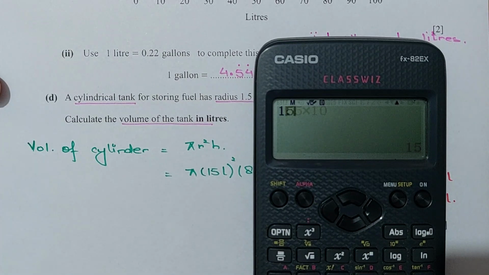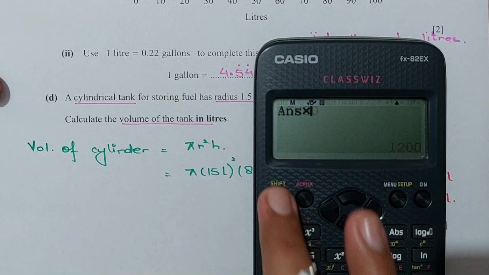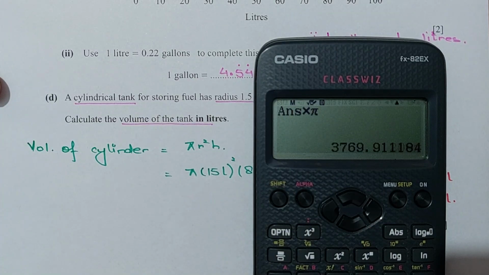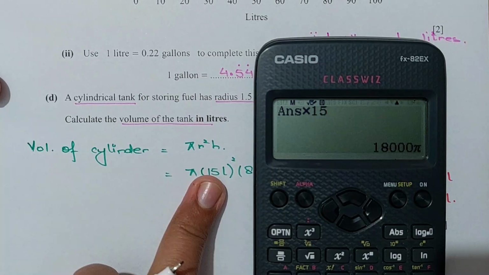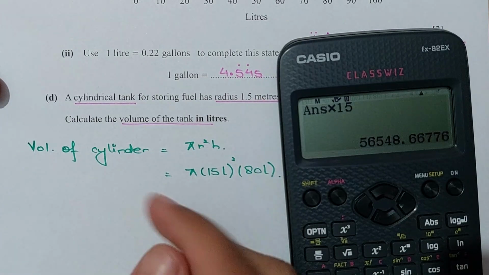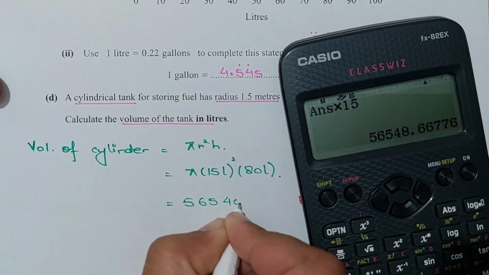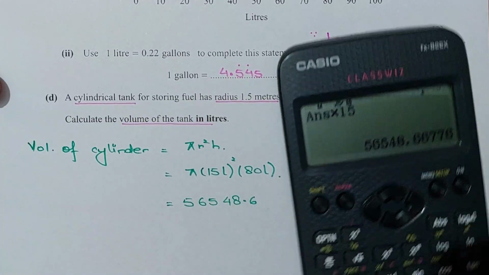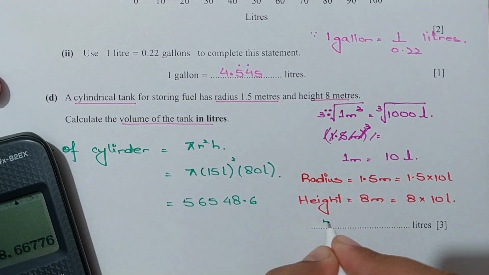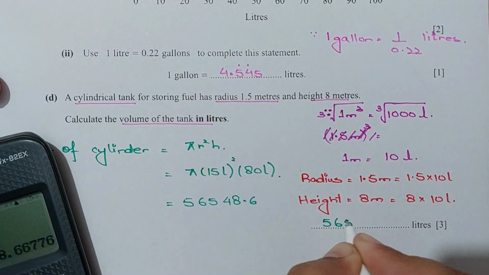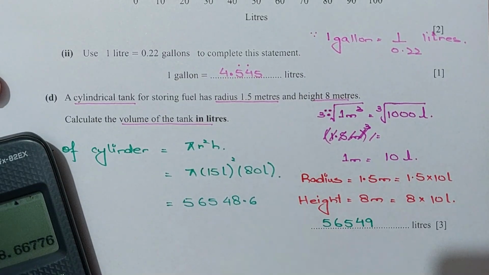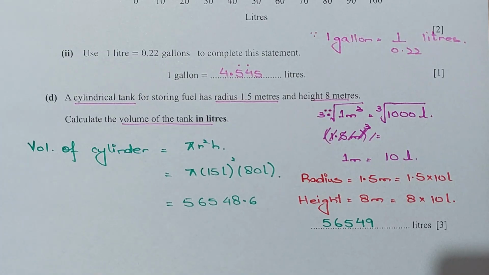So this is 15 times 80 times pi and times 15 as well, because it's 15 squared. So the answer is 56548.6 liters, so 56549 liters. Or there is another way to solve this question as well.